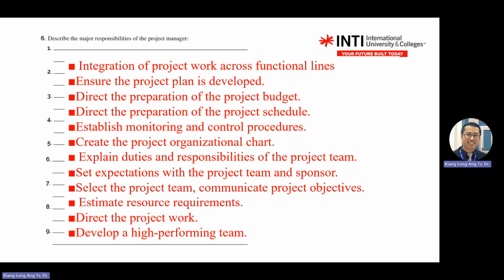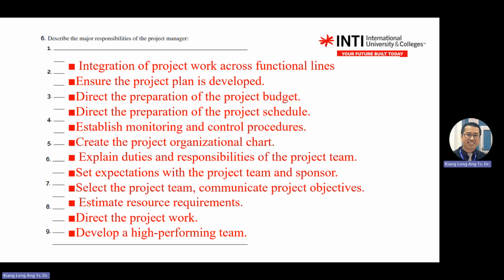Okay. Describe the major responsibilities of the project manager. There are 9 columns here. So this one you read from the PM book. They are all these. Okay, so these are only part of the responsibilities, a few points. The keyword is integrate. Your PM is to integrate and coordinate.